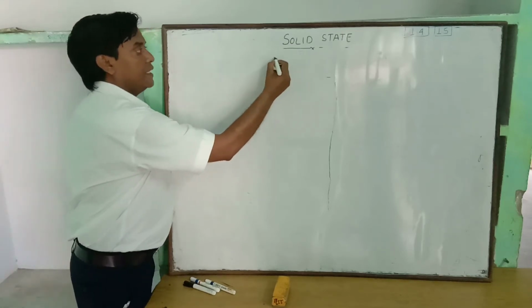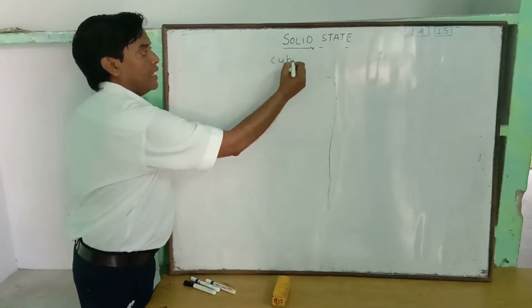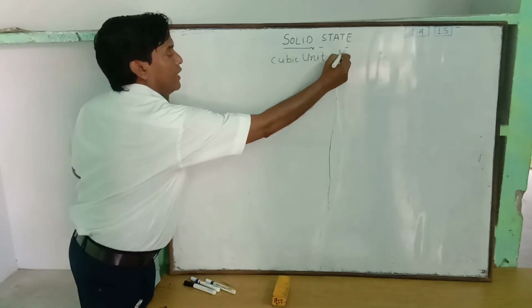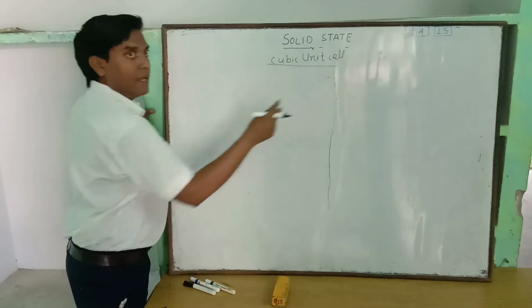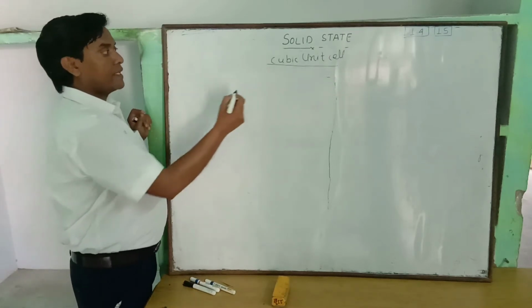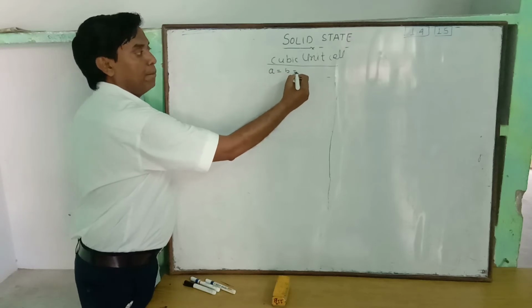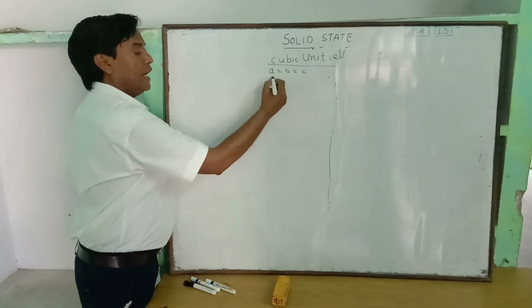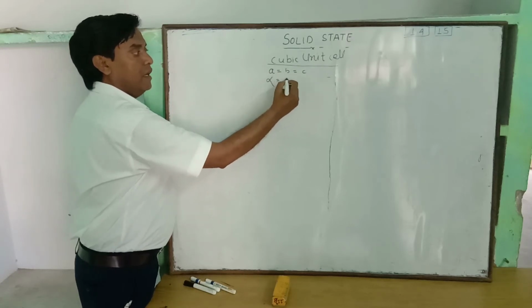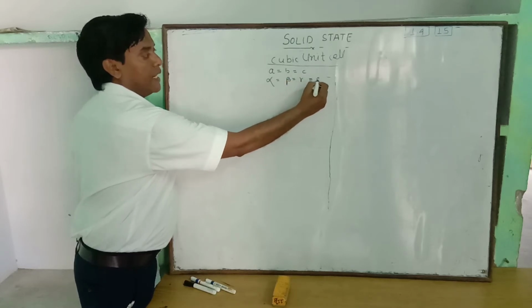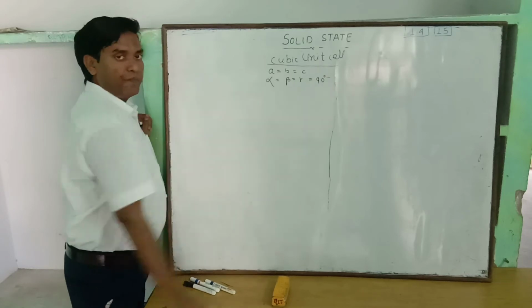For a cubic unit cell, if any cubic unit cell is there, like your room, what are the elements? A is equal to B, B is equal to C, and what are the interfacial angles? Alpha is equal to beta, beta is equal to gamma, that is 90 degrees.